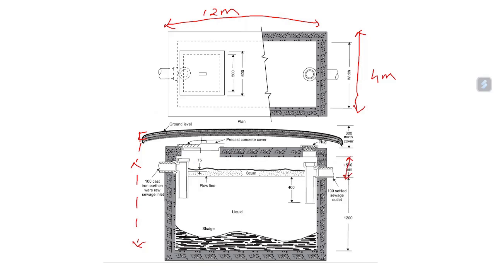It is the free space between the concrete construction and the actual surface water level. This is the sludge which gets collected, and the ventilation or inlet, you can say, is given here, and the outlet is given on the other side. Roughly that is how it looks, and this is how it is designed.